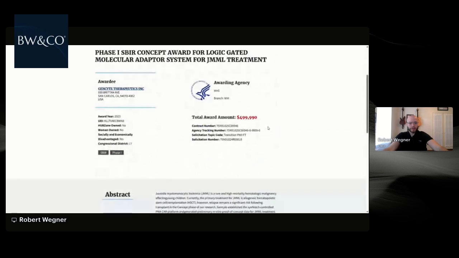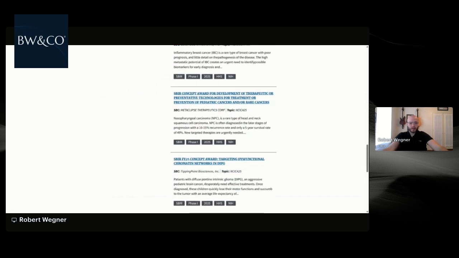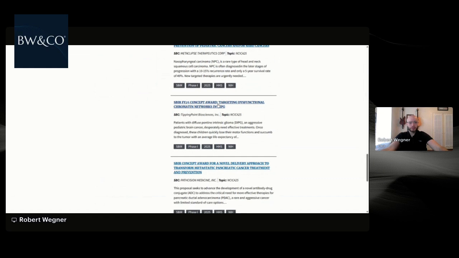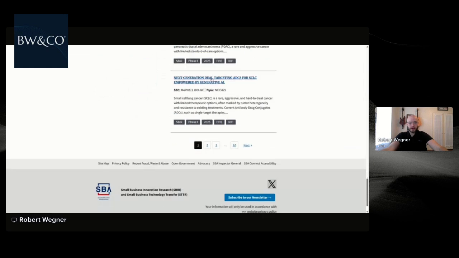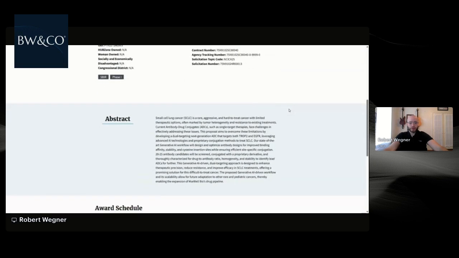So you can look at these publicly available abstracts, figure out what the scope of work was funded. It looks like this was transitioning to a fast track here. But you can use this kind of process to be able to find similar funded companies with similar technology. And you can use some of the keywords and topics to be able to see how similar they are to you.